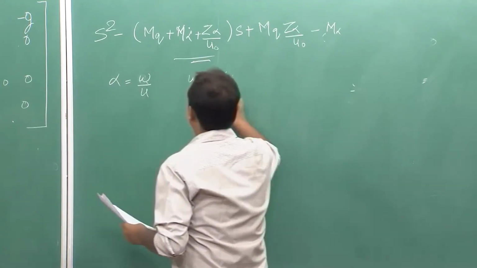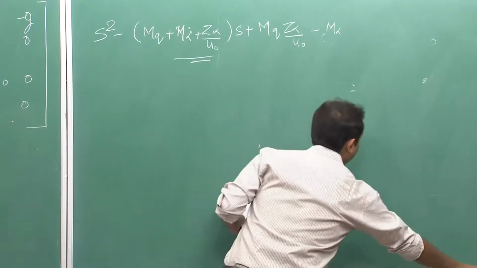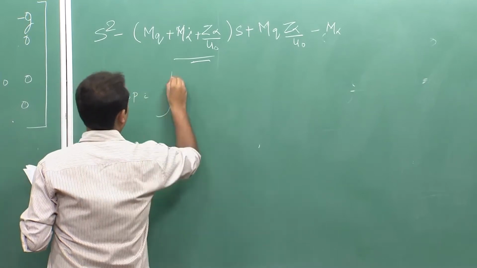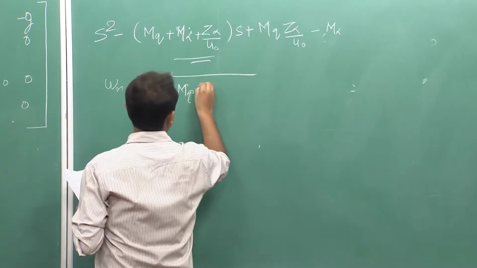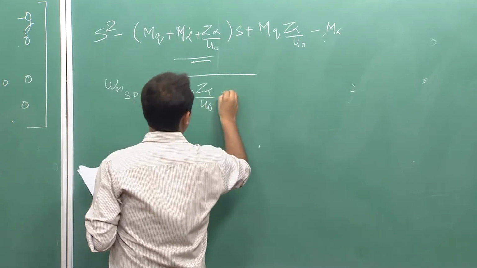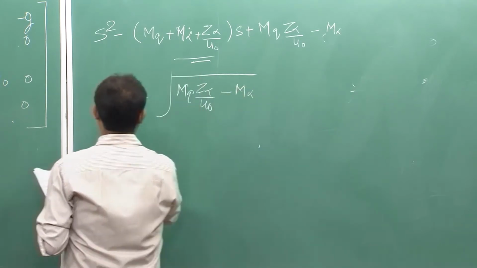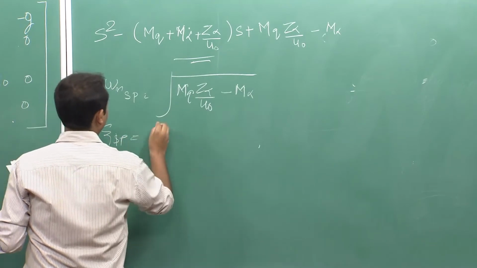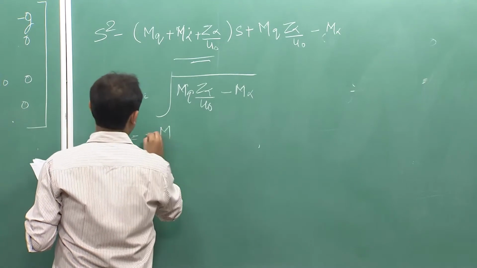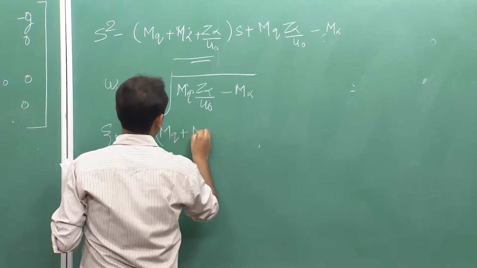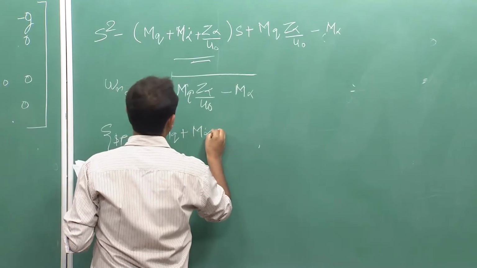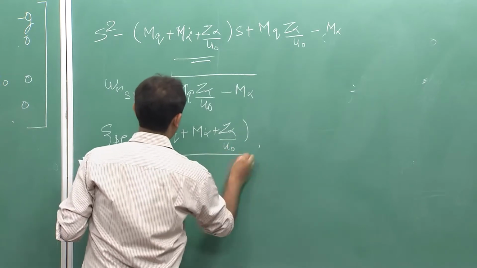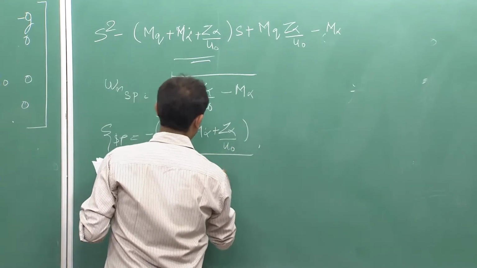From this characteristic equation, we can see the natural frequency for short period mode will be under root of MQ Z alpha upon U naught minus M alpha, and zeta will be minus of MQ plus M alpha dot plus Z alpha upon U naught, divided by 2 omega n of short period mode.